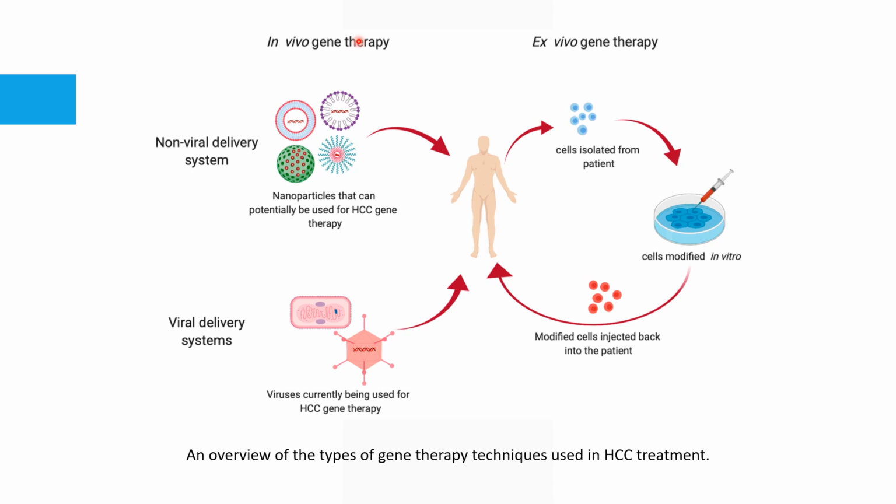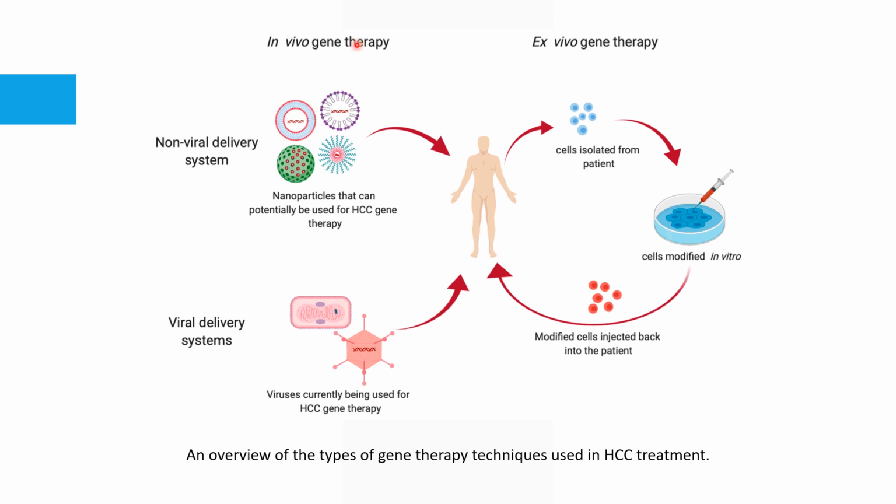The vector can be a viral vector. Examples of viral vectors are retro or adenoviruses, or non-viral vectors. Examples of non-viral vectors are liposomes, microspheres, and plasmid DNA. A vector with a gene is then introduced into the patient through either in vivo or ex vivo means.